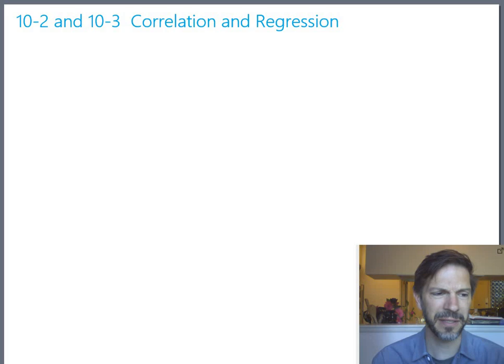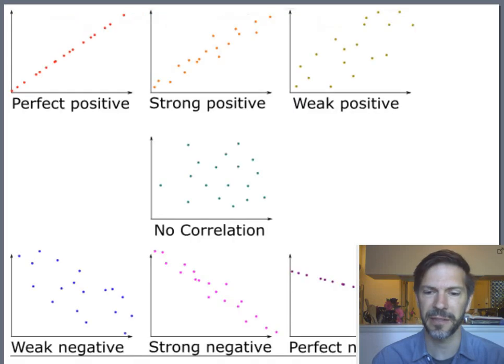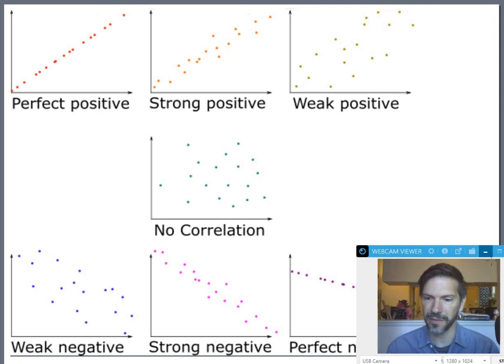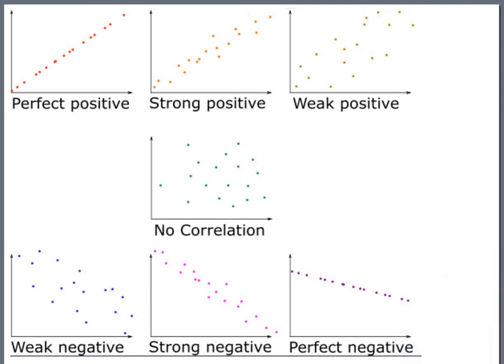So let's take a look at some examples of scatter plots. Okay, so these are a few possibilities for what might happen when you plot your data. One thing that we're going to do is just look at the scatter plot visually and say, does it seem to be lined up?